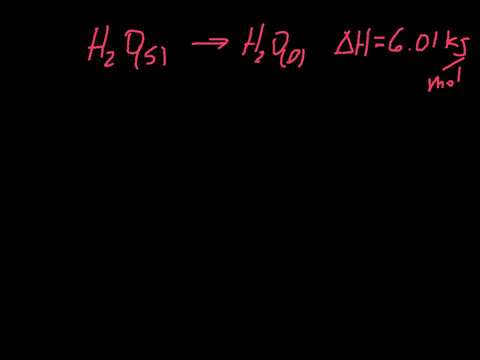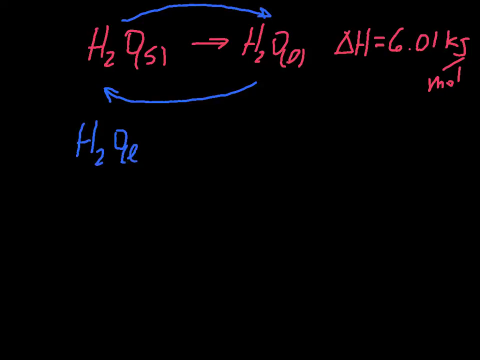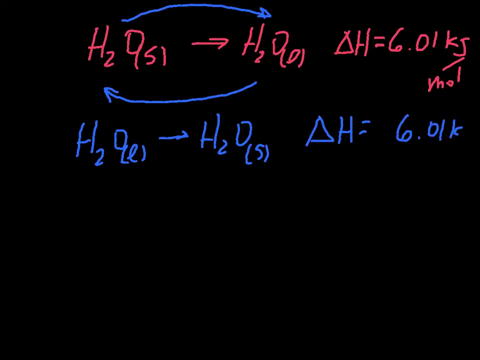Now if I flip this reaction, if I just reverse it, writing H2O liquid going to H2O solid, what I find is delta H, the enthalpy change, is still the same magnitude, 6.01 kilojoules per mole. But what has changed is the sign.